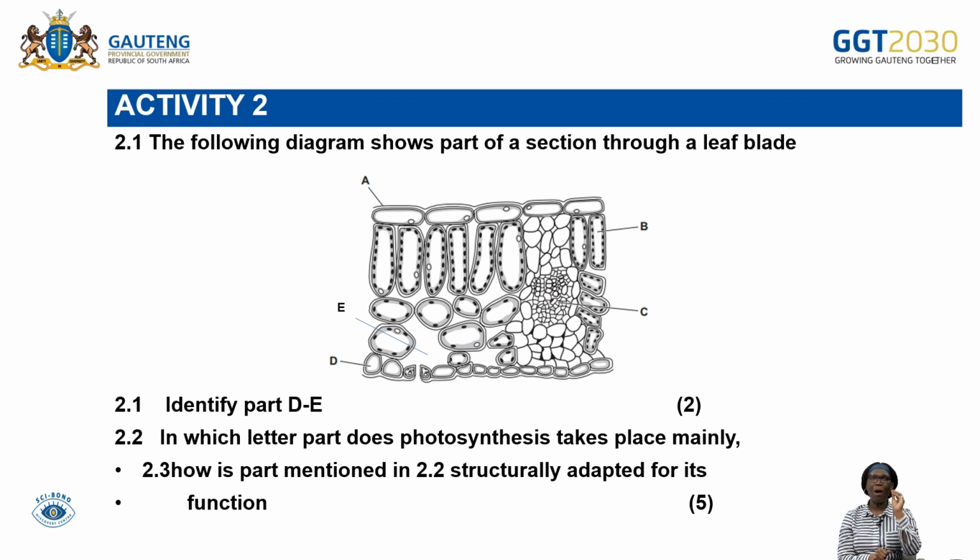So, how is palisade mesophyll structurally adapted for its function? How is it able to perform its function? Grade 11 learners, 5 marks. It's a lot, but I must get the 5 marks.